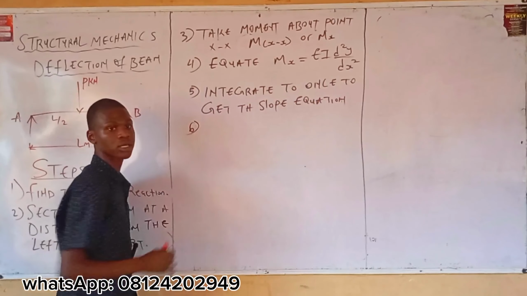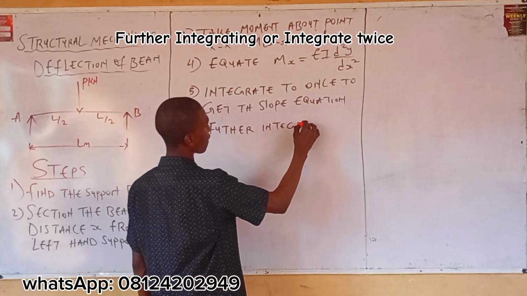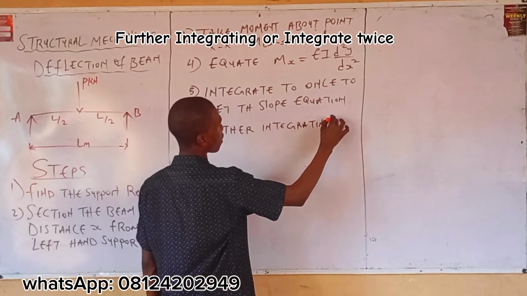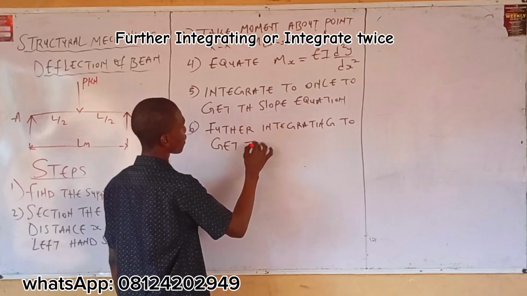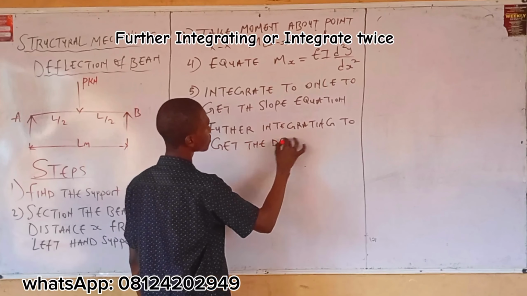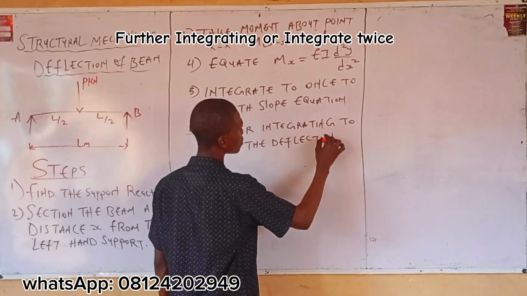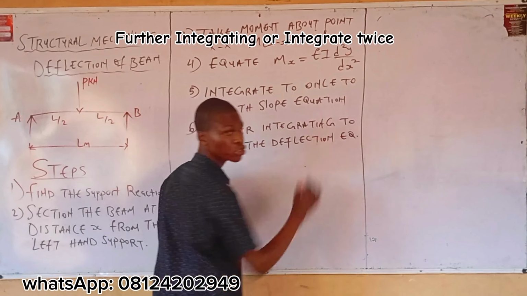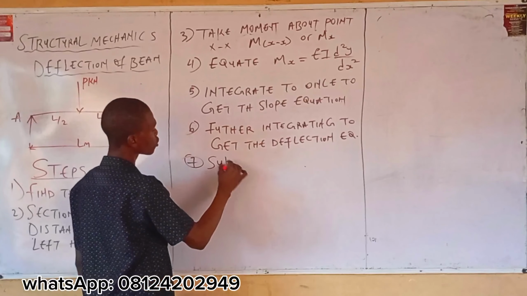Number 6, integrate further to get the deflection equation. Then the last one, number 7, substitute boundary condition.